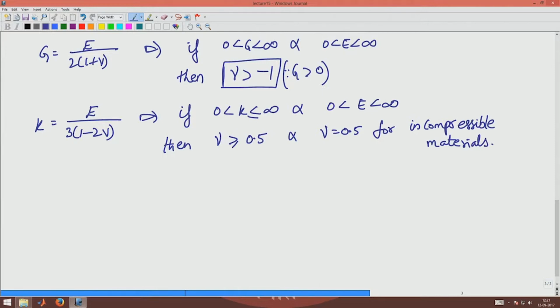Okay. So, from here you get that nu should be less than or equal to 0.5, and nu has to be equal to 0.5 for incompressible materials.